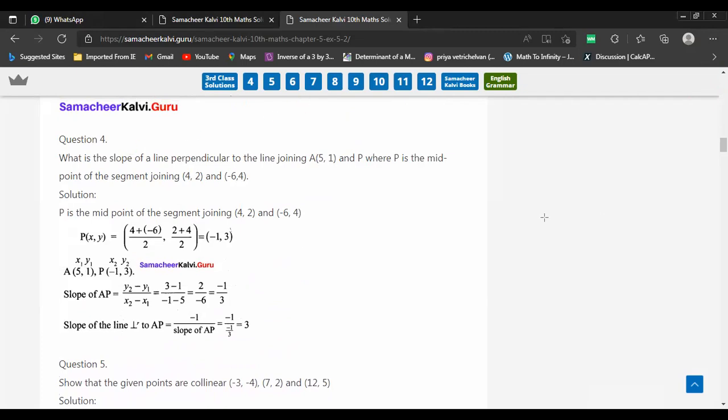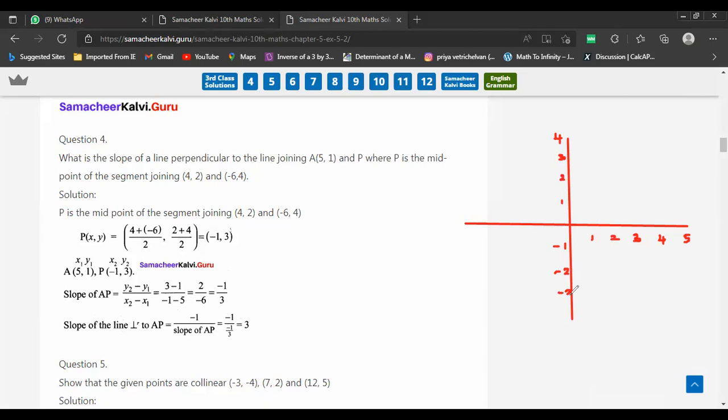For example, let me explain this on a coordinate plane. Goes like this. 4, 2 and minus 6, 4.